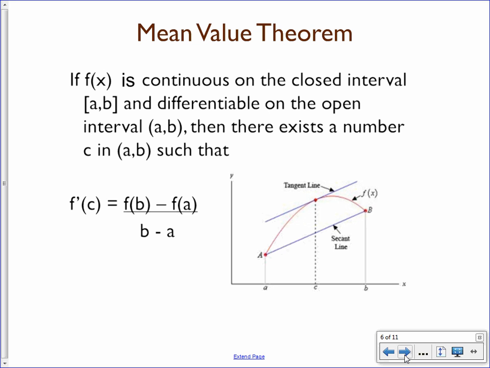Not at the midpoint, but somewhere between a and b. Let's recall, average rate of change is the slope between two points on a curve. Instantaneous rate of change is the derivative.